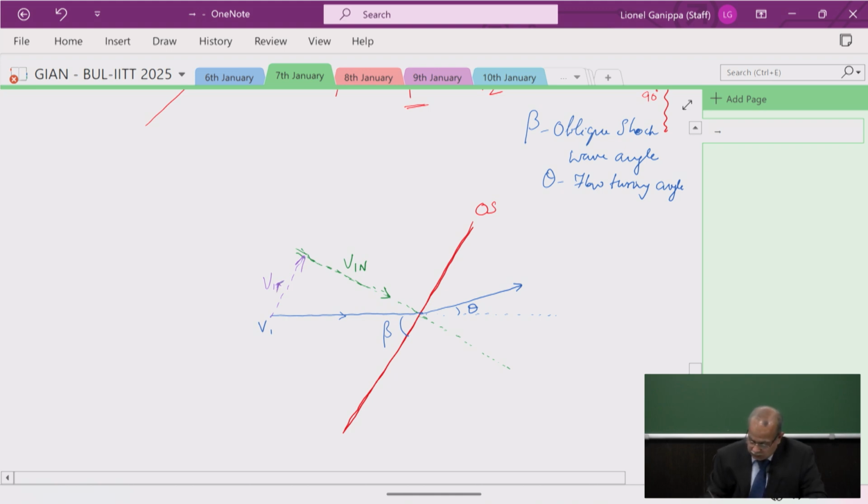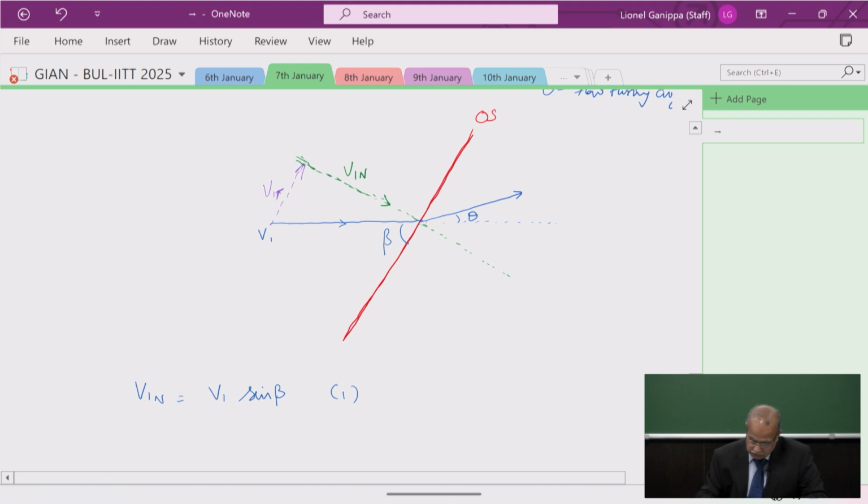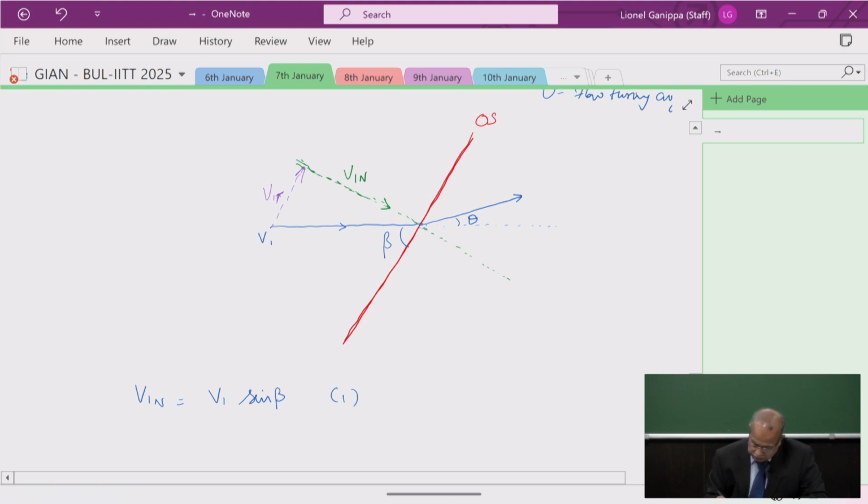First let's look at the flow approaching the oblique shock. V1n is equal to V1 sine beta, the normal component, and V1t is equal to V1 cos beta. Let me call this equation 2.